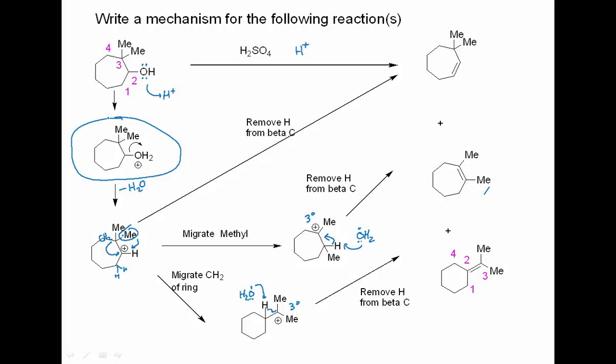What's another thing that students do? In these very symmetrical systems, a lot of times people will show not the product I have indicated right there, but they'll show something like this.